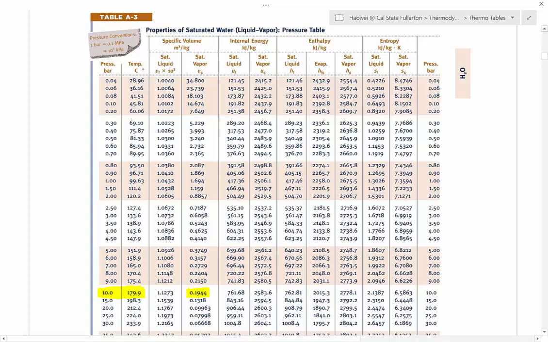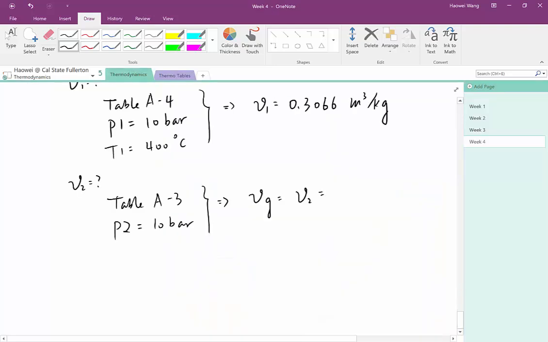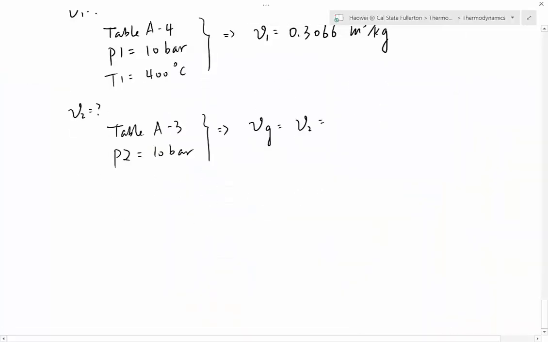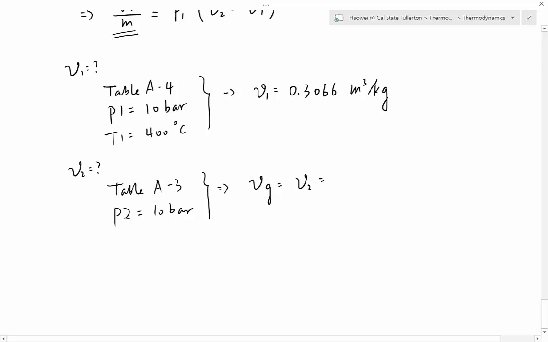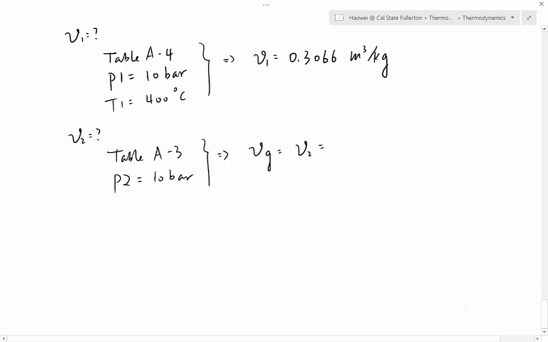Do not forget the unit, cubic meter per kilogram. So this is nu 2. Go back to the notes and we write down nu G, which is just our nu 2. It's 0.1944.